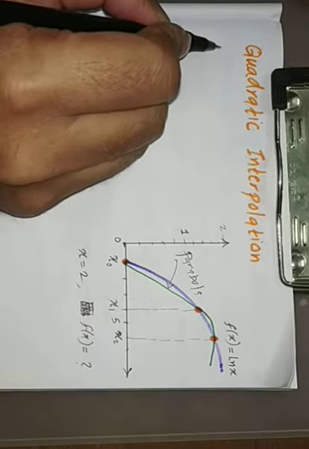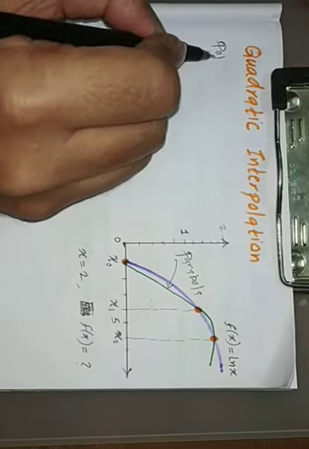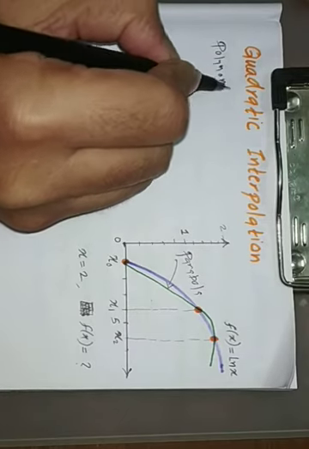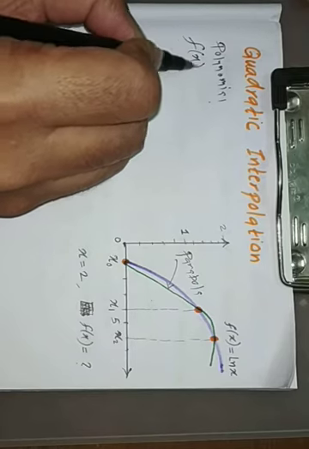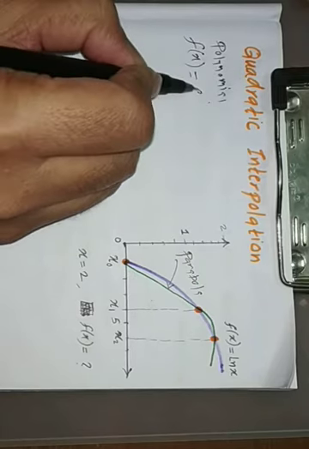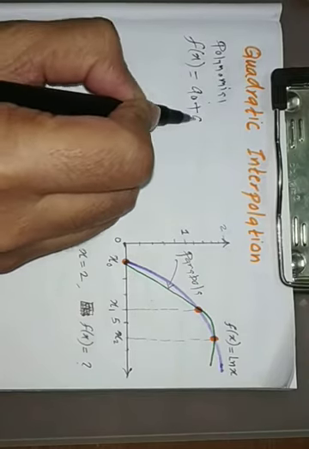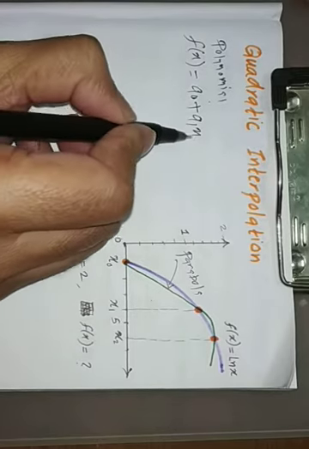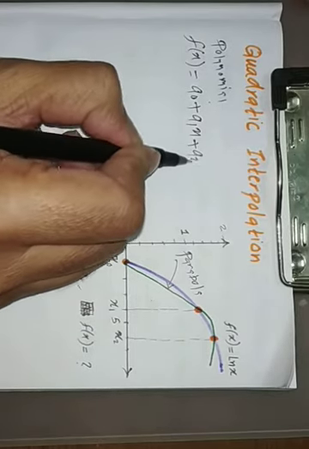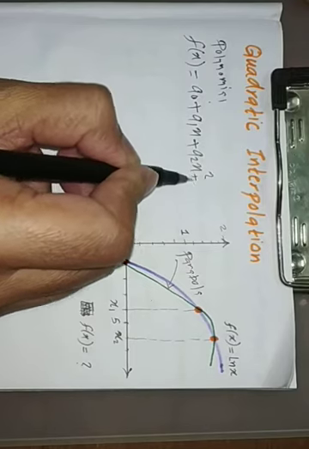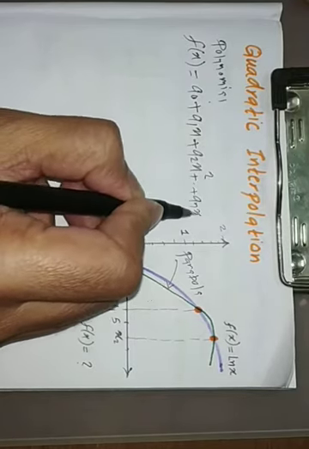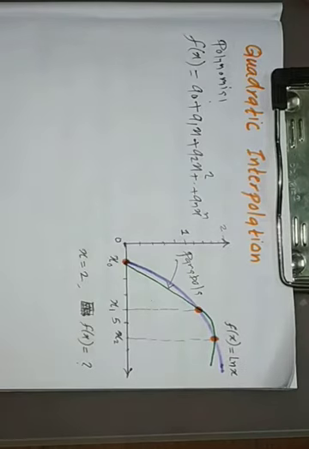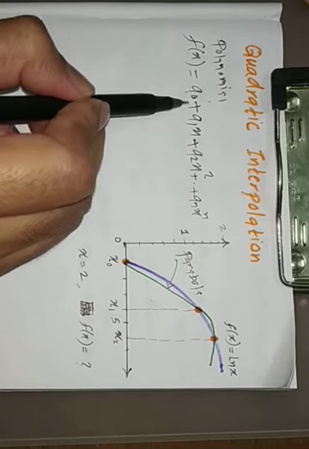So how to find out the equation? We know the polynomial is f of x is equal to a0 plus a1x plus a2x square and up to an x raised to n. In case of linear interpolation, we have used first two terms, a0 plus a1x.